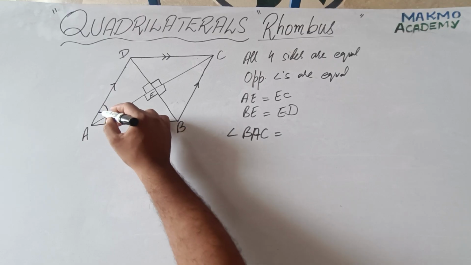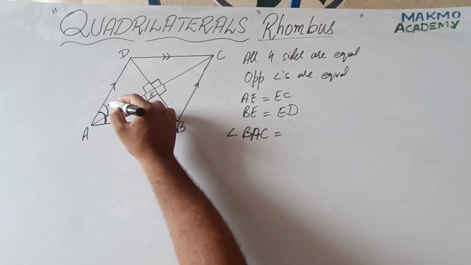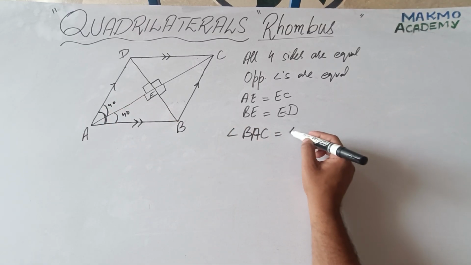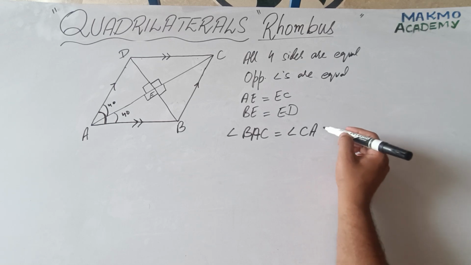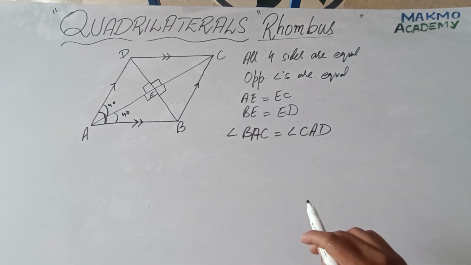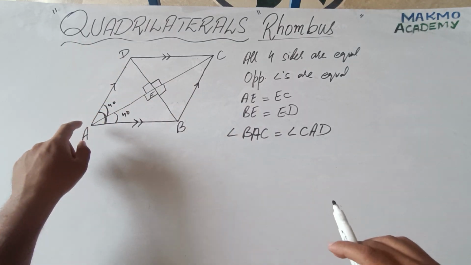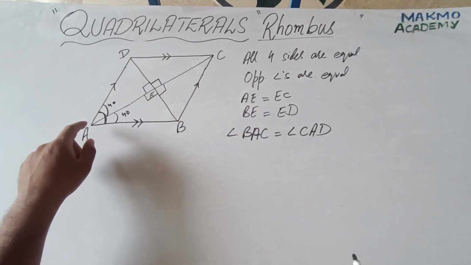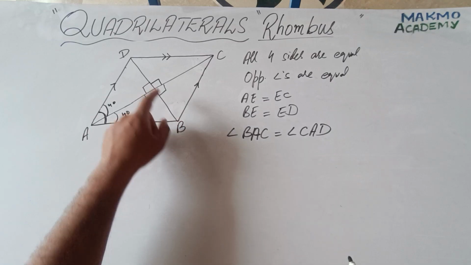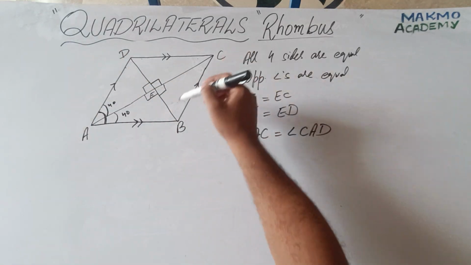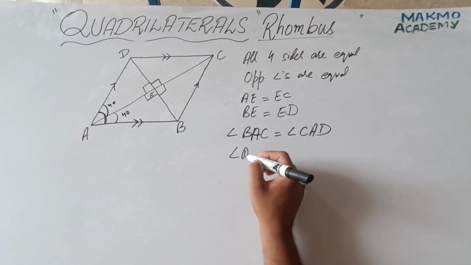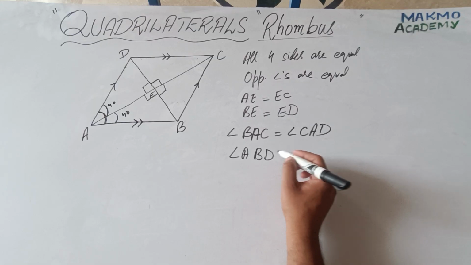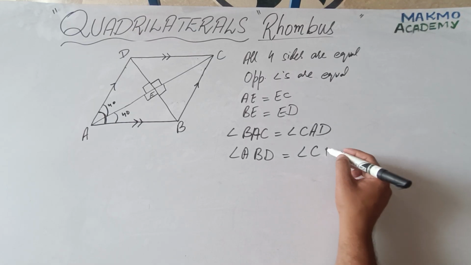For example, if this complete angle is 80, this would be 40 and 40. So angle CAD is equal to angle BAC, and this will apply all over the rhombus. Like angle ABD is equal to angle CBD.